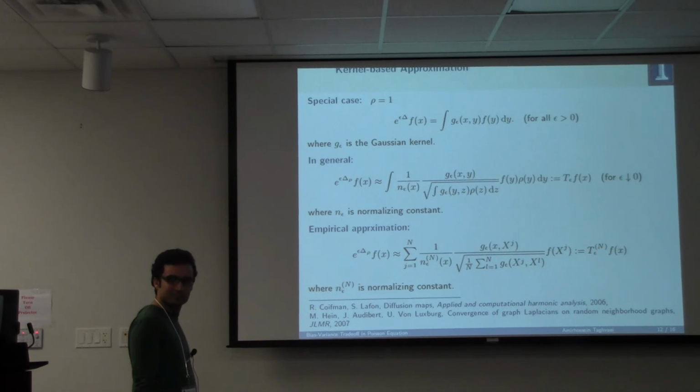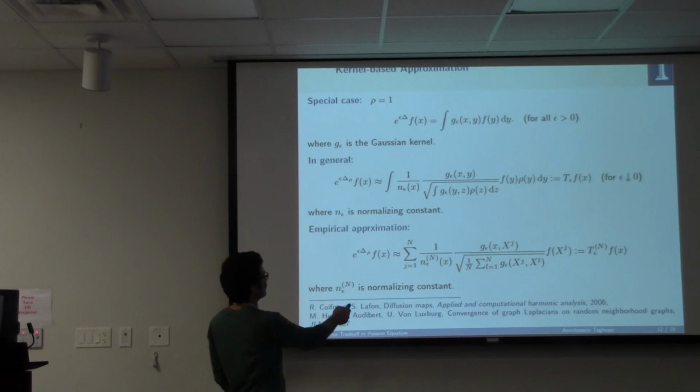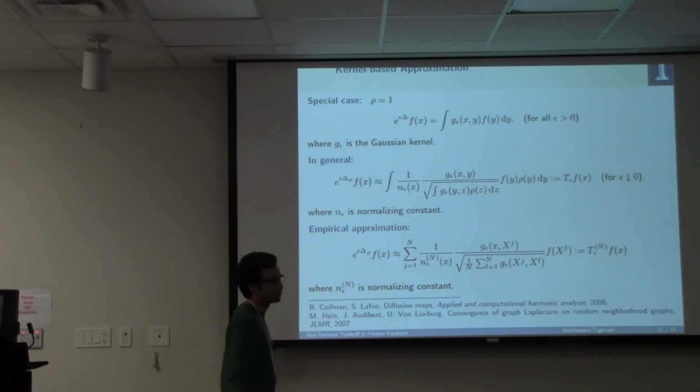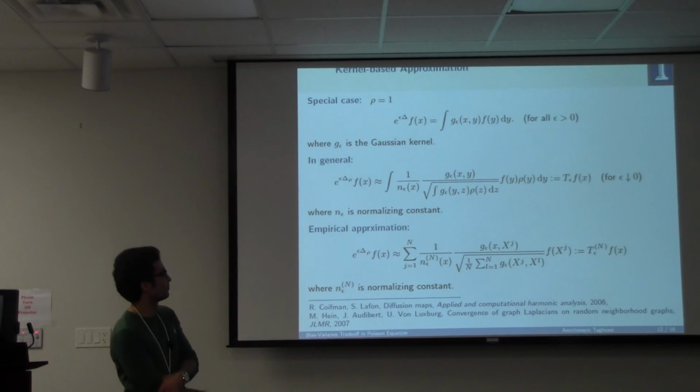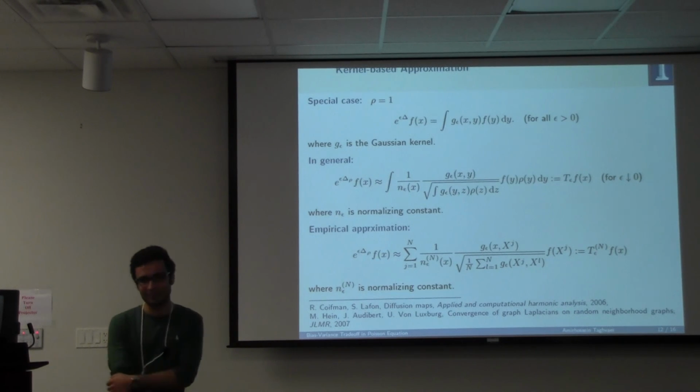Oh, but it's not a Gaussian kernel. Yeah, it's a Gaussian kernel, it's just that rho is bimodal. Okay, I guess we need to move on. All right. So, thank you.